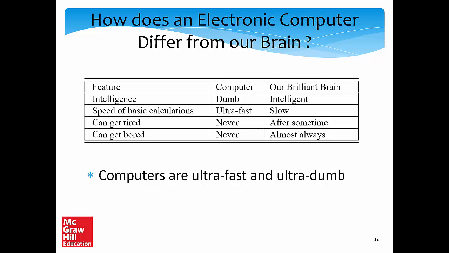But the advantage here, and that's mind you a very, very big advantage, is that the speed of basic calculations in a computer is very, very high. It might be doing dumb things like addition and subtraction, but it's doing them a billion times a second. As a result, it becomes ultra powerful.